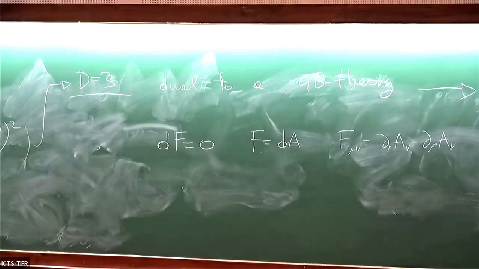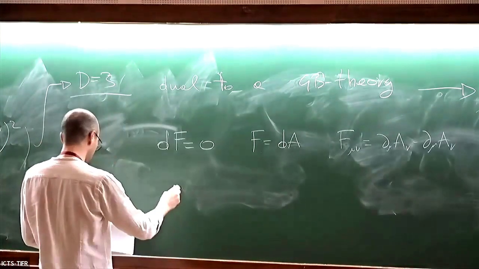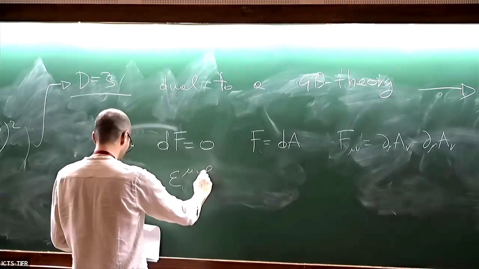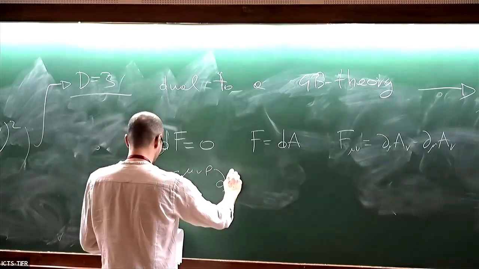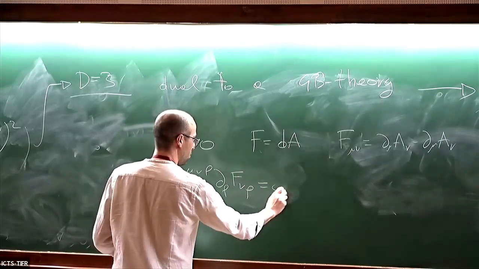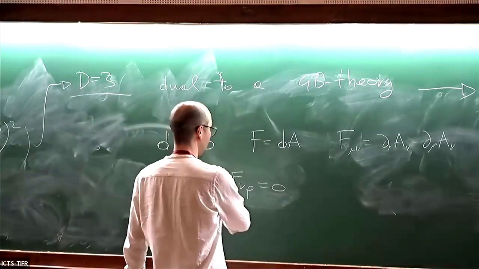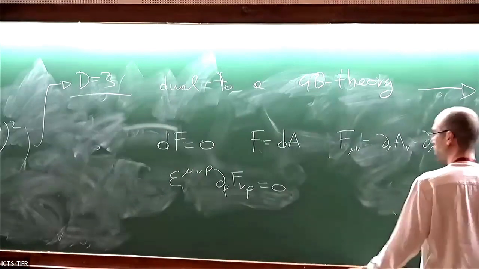Now, in 3 dimensions, this reads like this: epsilon^{μνρ} ∂_ρ F_{νρ} = 0. Let's impose it as a path integral condition, as a delta function in the path integral.